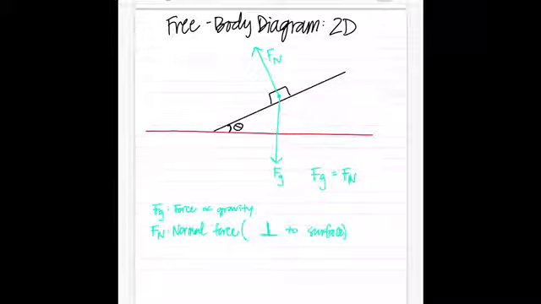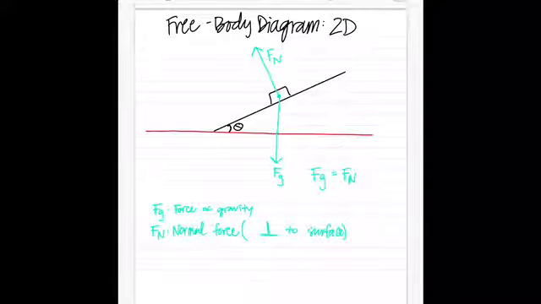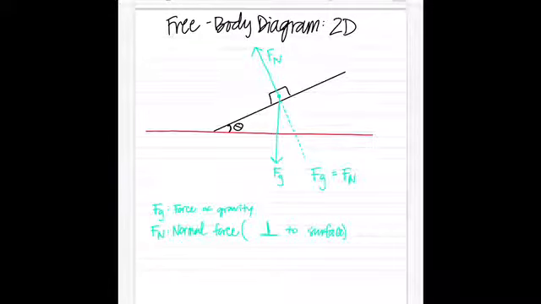So let's draw this out. This is where everybody gets a little funky. You need to bring down your y value like this, just straight up opposite of your normal force.